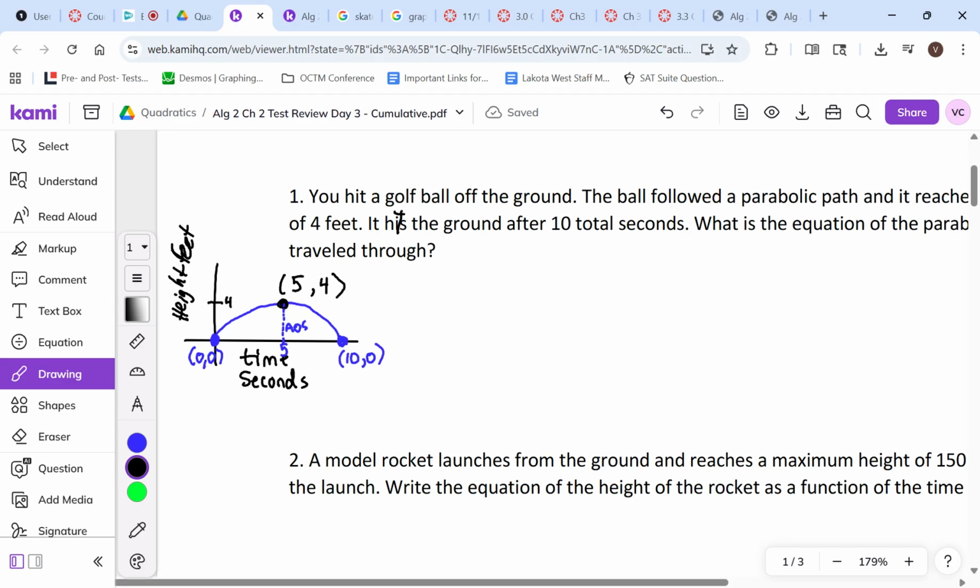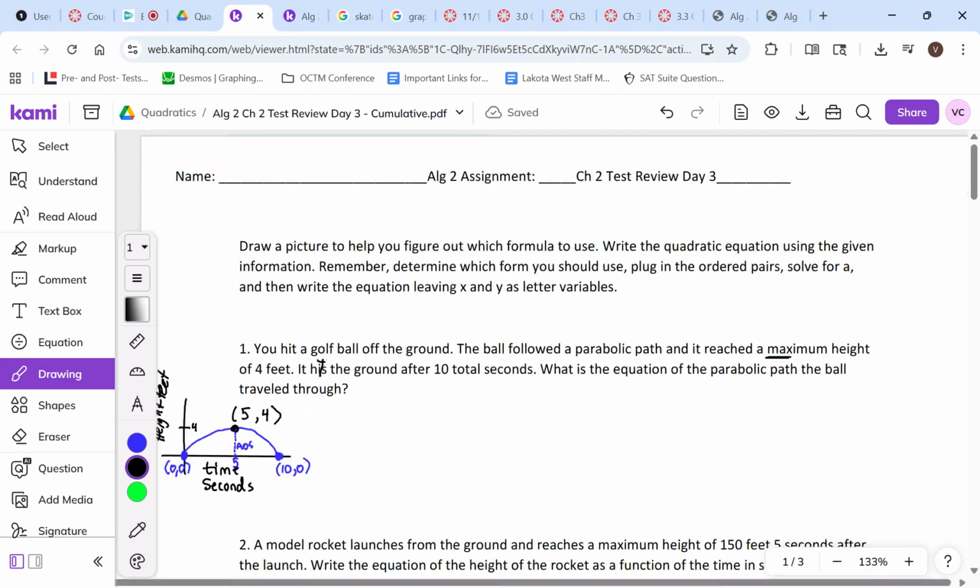If we know the vertex and a point, we're going to use vertex form.